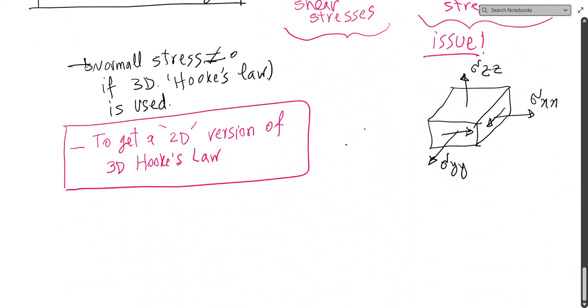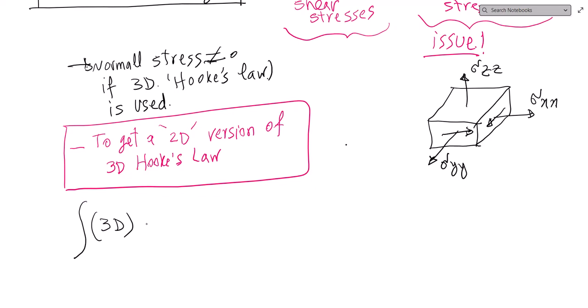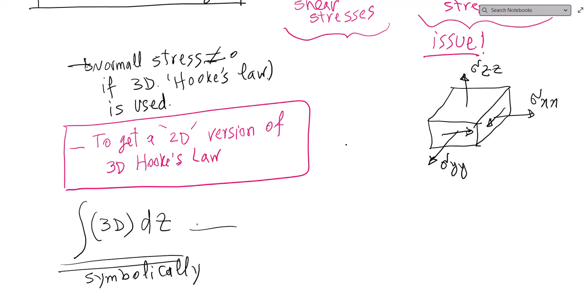Now, what is that? We say that we come here and integrate the 3D Hooke's law along the Z, in general, symbolically. And therefore, we get a two-dimensional version of the 3D Hooke's law.